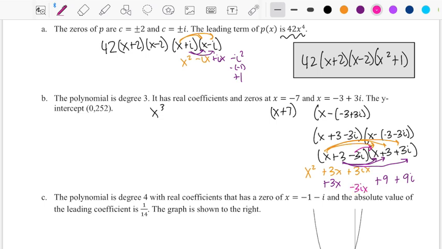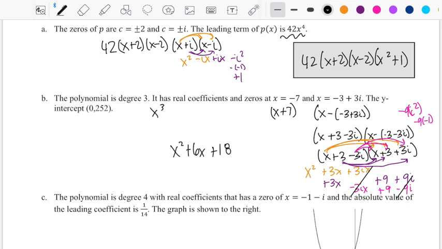I'm going to put that under there because those are like terms. -3i times 3 is a -9i. And -3i times 3i is a -9i squared. However, I know that a -9i squared is -9 times -1, which is really a plus 9. We get that we have an x squared plus 6x. These two cancel. These two cancel.